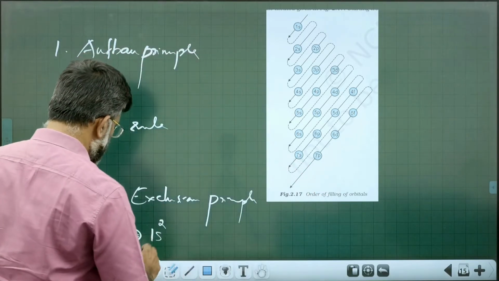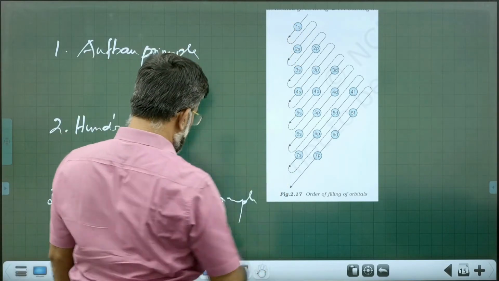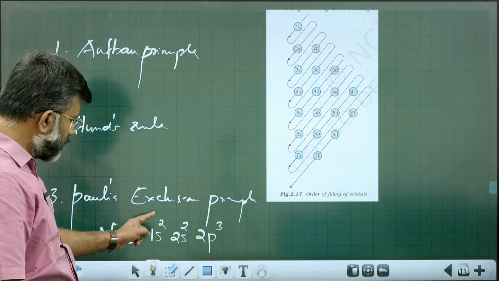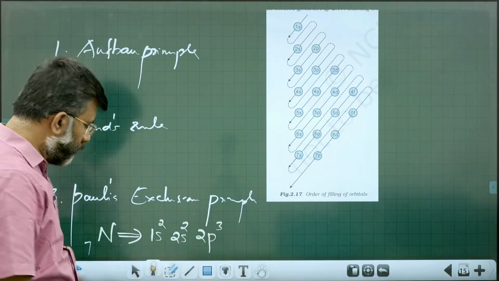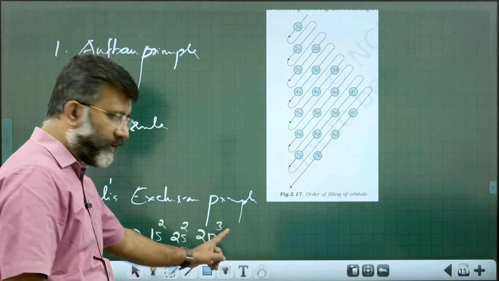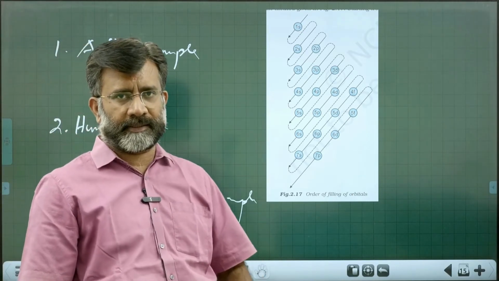Then 2s and 2p: 1s2, 2s2, 2p3. The 7 electrons in nitrogen atom can be configured like this, right?